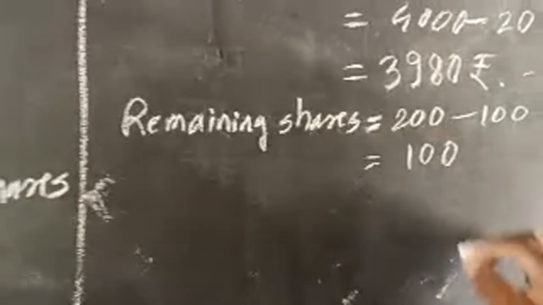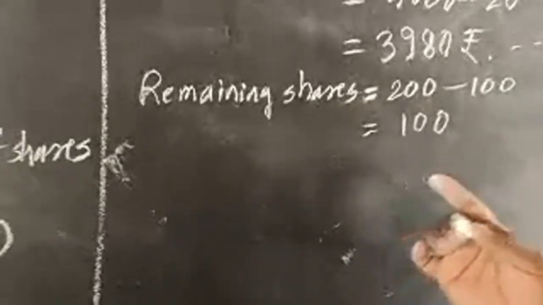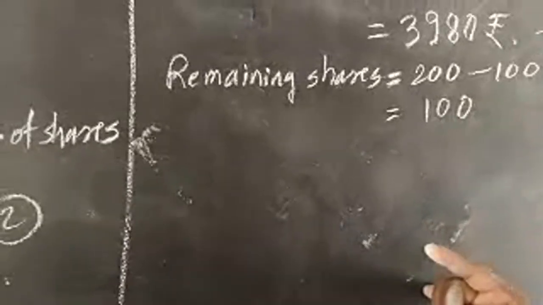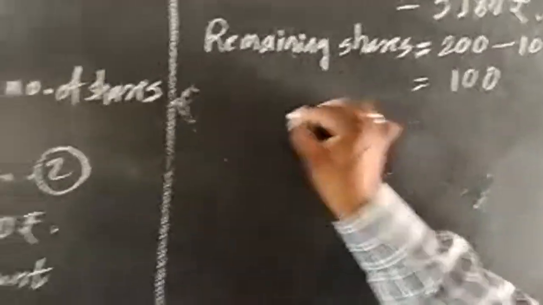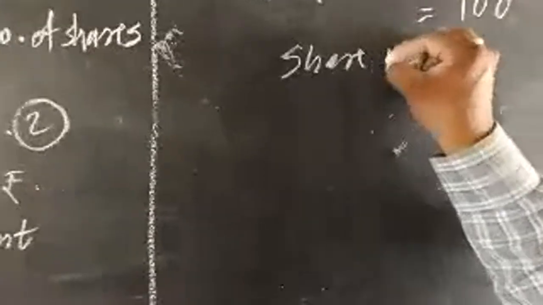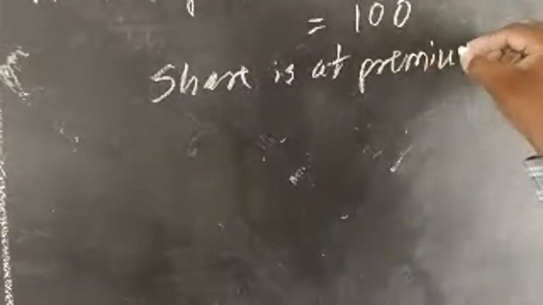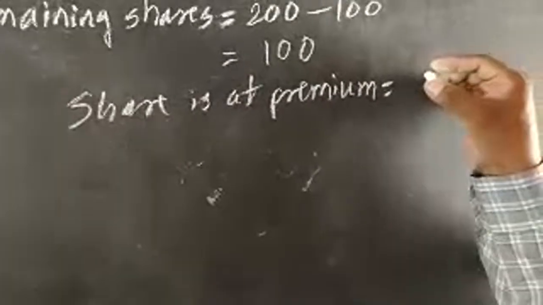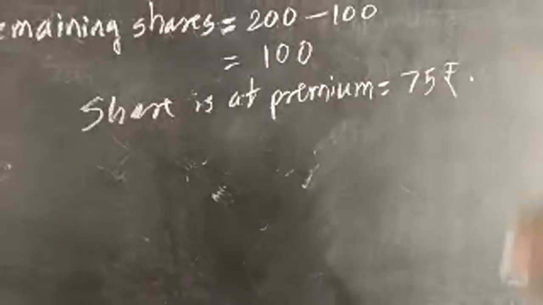And subtraction is 100 shares. Those 100 shares sold at premium. Here the share is at a premium, and how many rupees? 75 rupees is given.